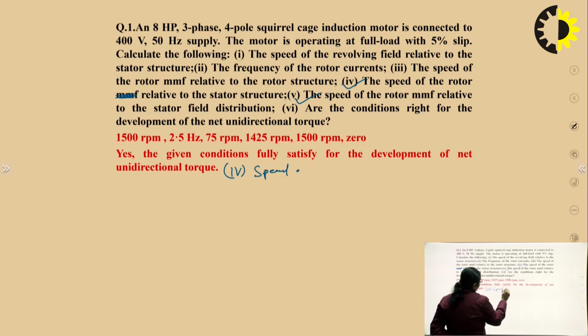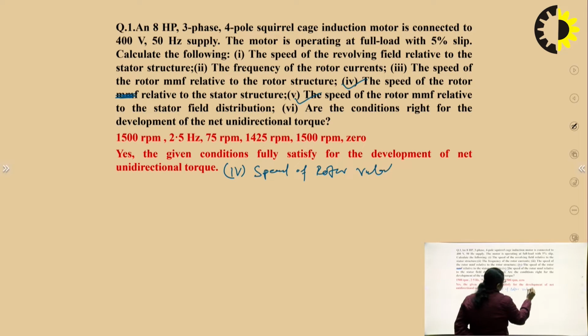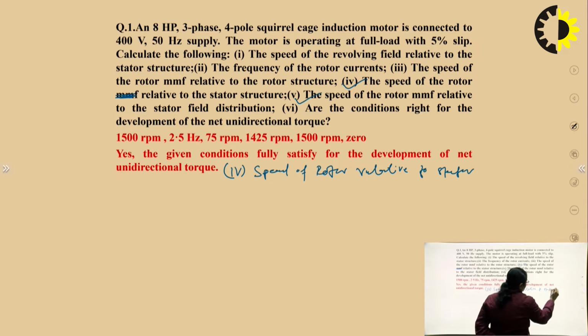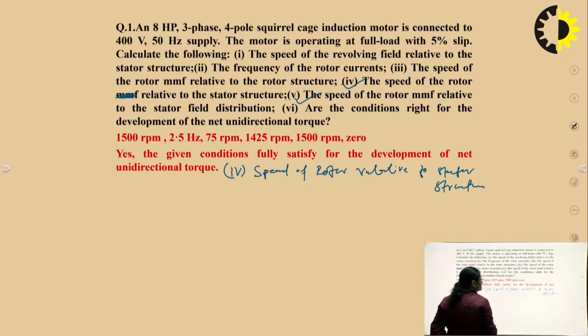Speed of rotor relative to stator structure, right? So the speed of rotor relative to stator structure is the rotor speed NR, and NR can very well be determined as NS into 1 minus S. NS is the synchronous speed, S is the operating slip of the machine.